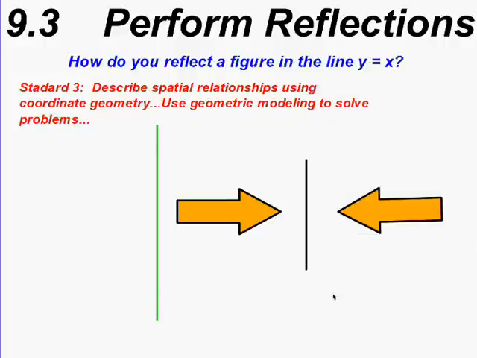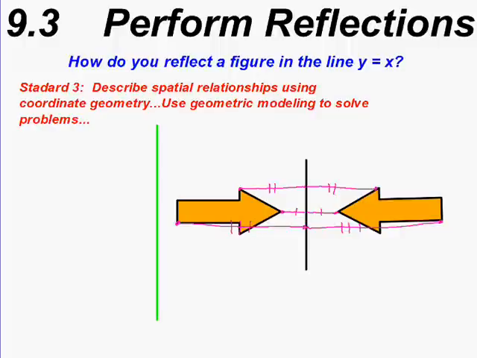But the same way, every point between this point to here and this point to here, these are congruent. And this line from here to here is congruent to this line from here to here. Even if I take a line way over here, all the way to the line of reflection, and here to here, this is congruent. And that's basically what we're going to be doing when we're performing reflections.